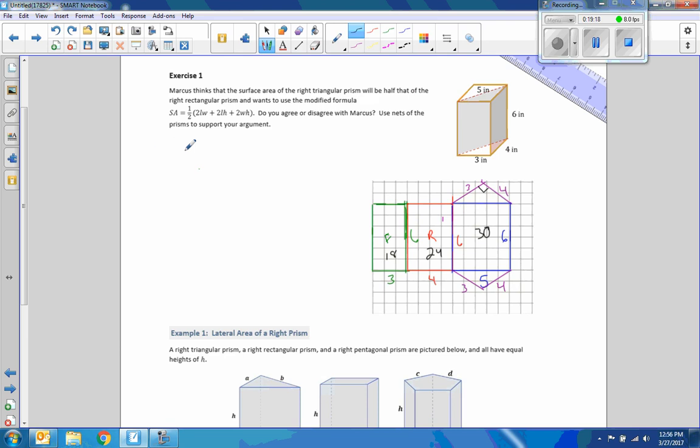So if I wrote this formula, I'd say surface area equals LW plus LW plus LW, right? Length times width of the front, length times width of the right, length times width of the bottom, plus 1/2 length times width for the top triangle, plus 1/2 length times width of the bottom triangle.